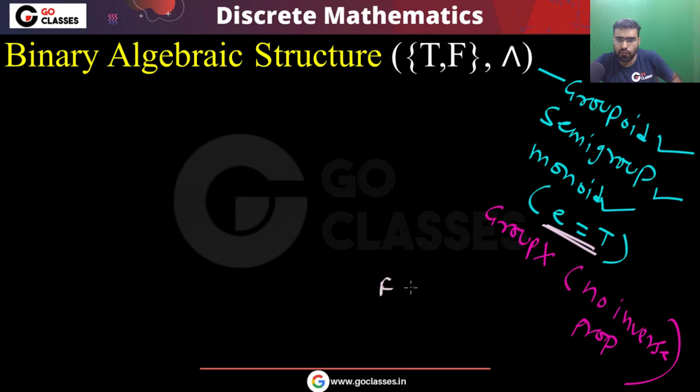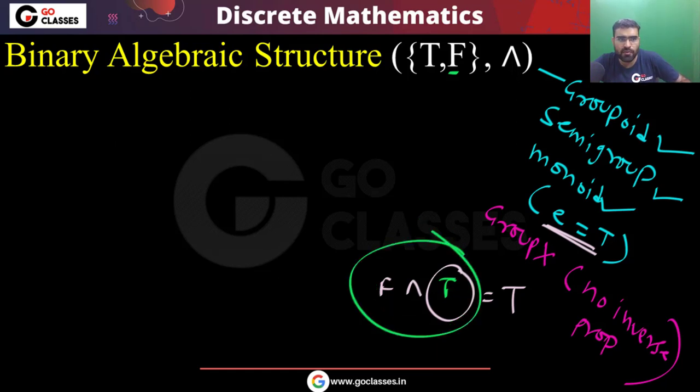So what should I write here such that I get the identity element, true? You can see nothing will work. If I put false, it will be false. If I put true, it will also be false. So the inverse does not exist.